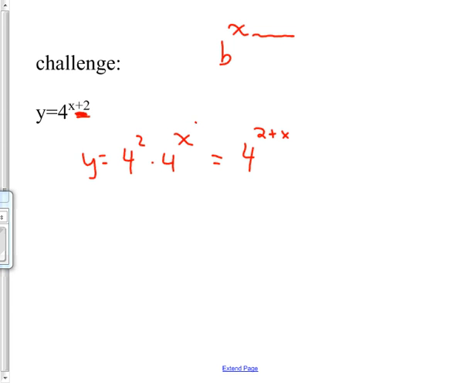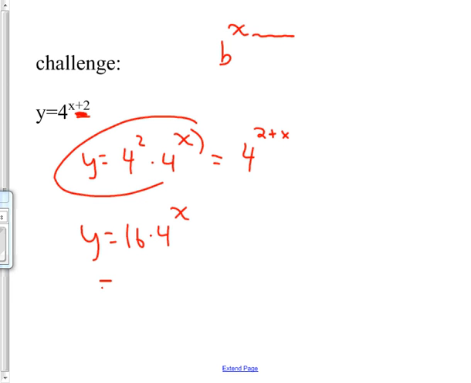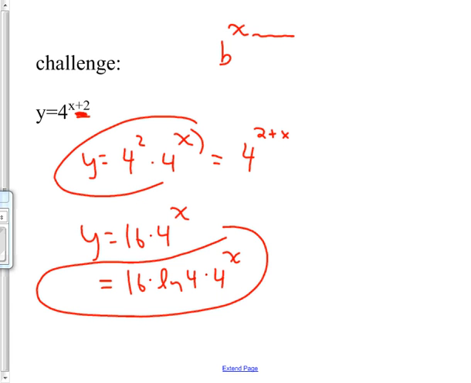By rewriting it like this, we get y equals 16 times 4 to the x, just a constant times an exponential. So the derivative equals 16 times ln 4 times 4 to the x. But we're going to learn how to do a problem like this using the chain rule, which is the new method for today. So we'll learn another way to get to this exact same derivative.